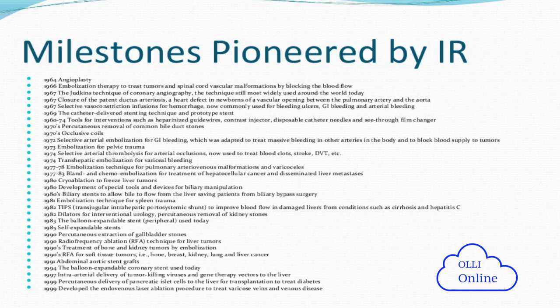The first TIPS, which is a very important milestone, was 1982. The first stents that we used, 1985. The first abdominal aortic stent grafts were 1990, and so forth.